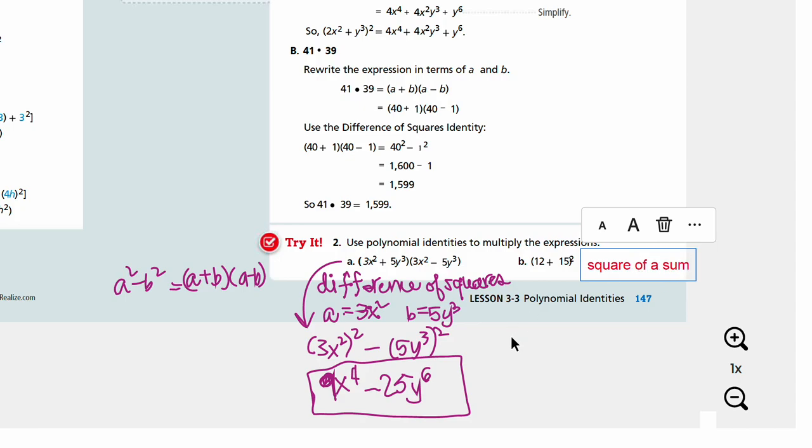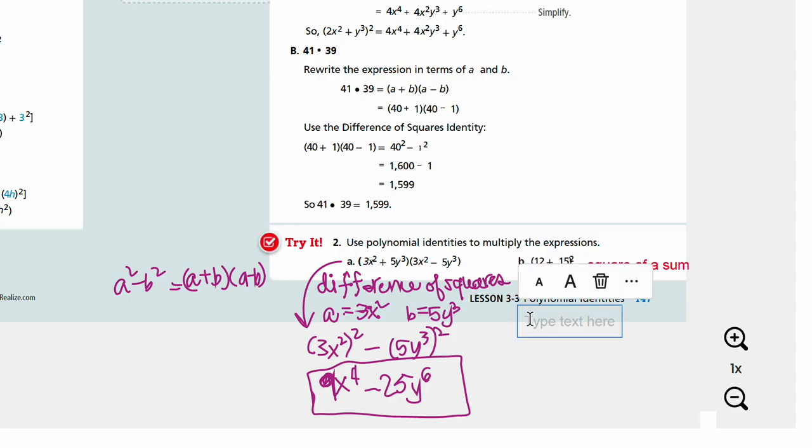The square of a sum is when you have a plus b squared is equal to a squared plus 2ab plus b squared. So then you already have a and b, right? So square of the sum tells you that you can just have a is equal to 12 and b is equal to 15. And then you multiply them by using the square of a sum.